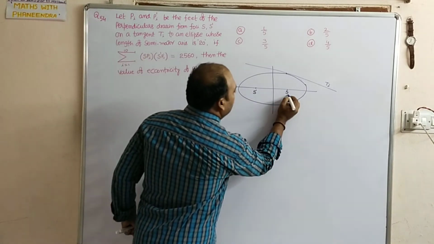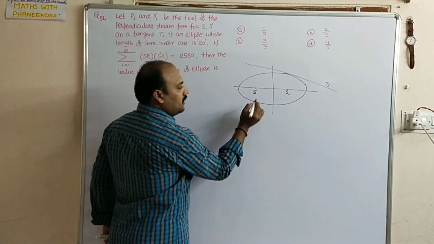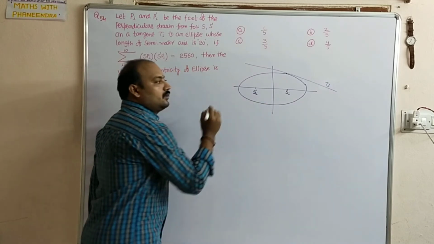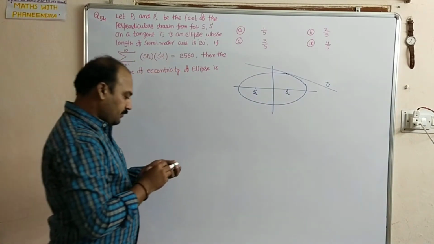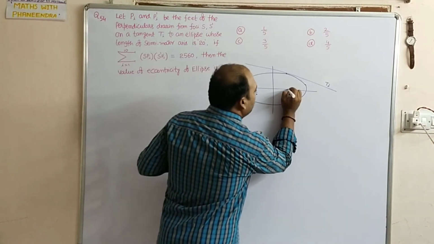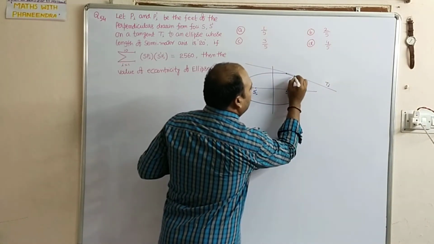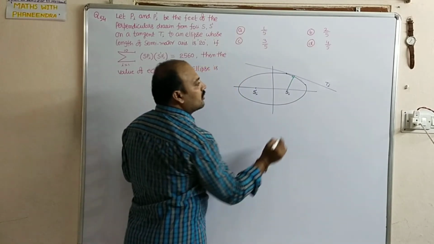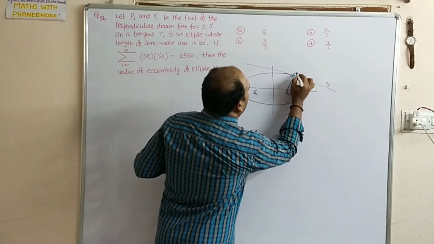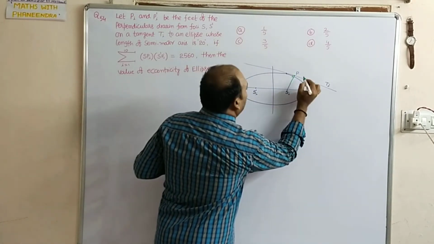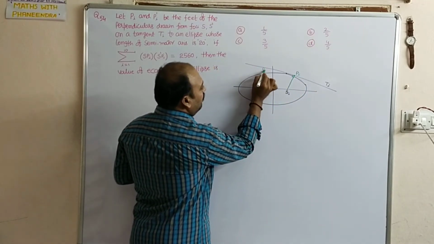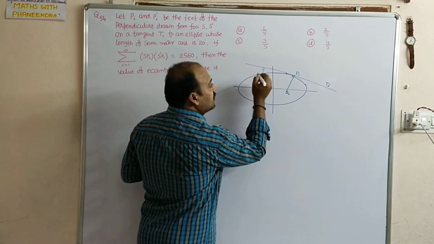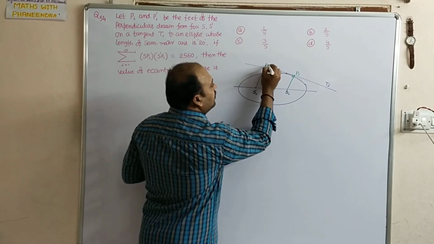Si is also the ith focus. Draw the perpendiculars from the focus to the tangent. This is Pi. Here also another perpendicular is drawn from S dash i to the tangent, so Pi dash.